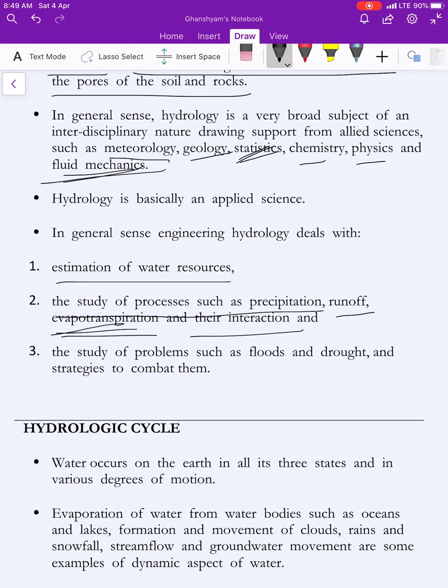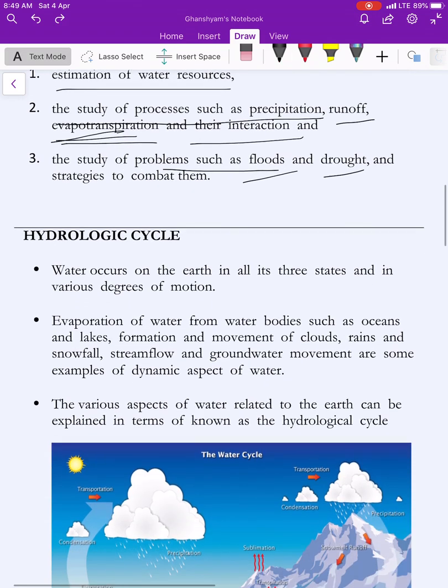So this is the combined evaporation from earth's surface and from plants through their leaves. And the third is the study of problems. So what are the hydrological problems? Floods and drought. So these broadly we are going to deal with.